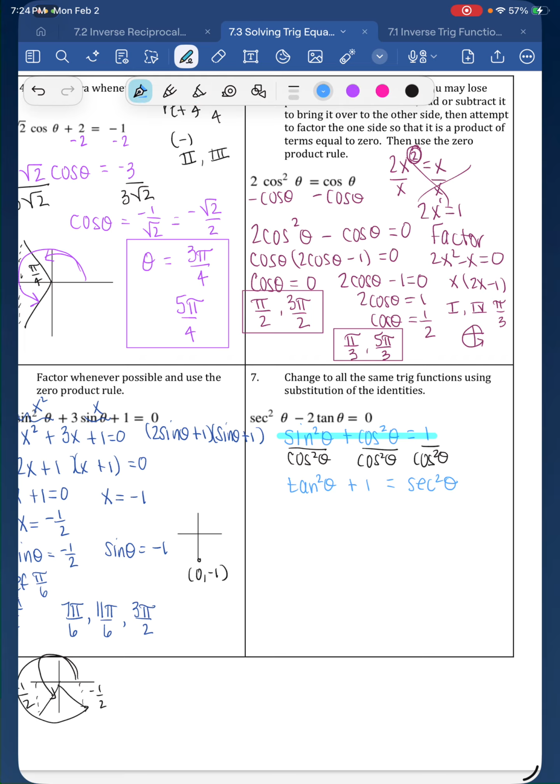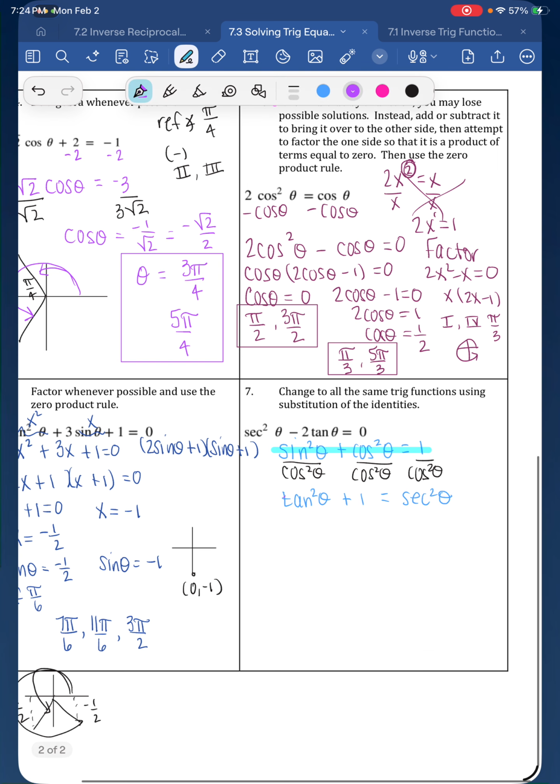Well, now I know what secant squared is. And so what I'm going to do is take this equation right here, take out secant squared, and substitute in, saying secant squared is the same exact thing as tangent squared plus 1. So I'm going to do a substitution.